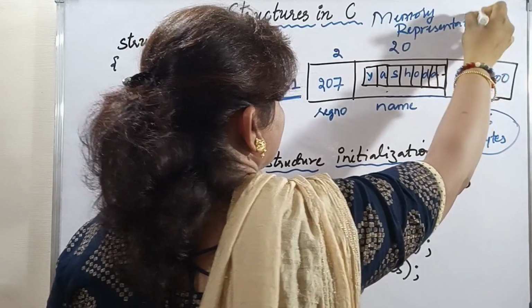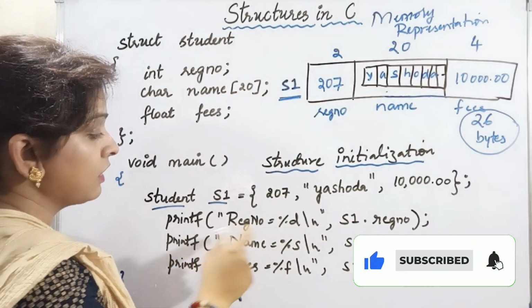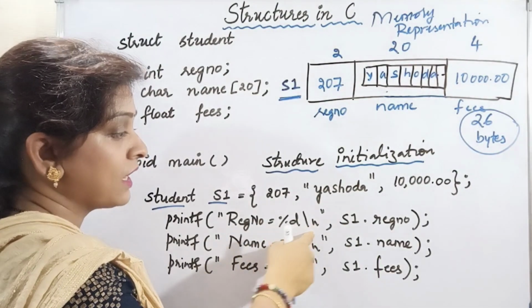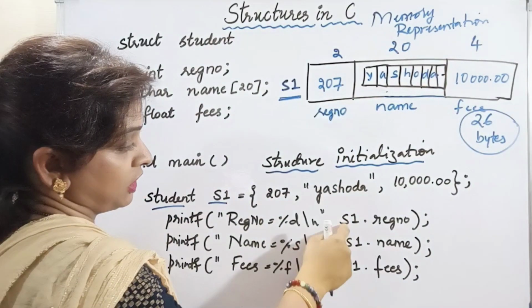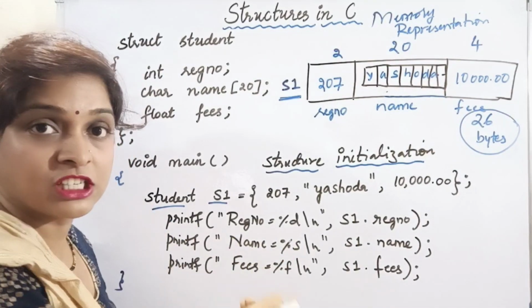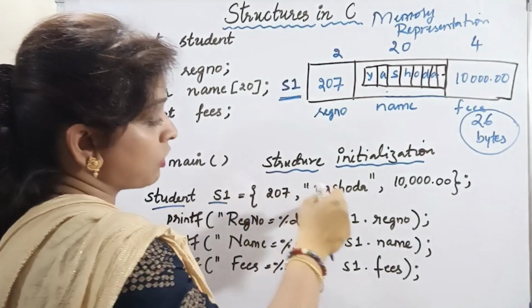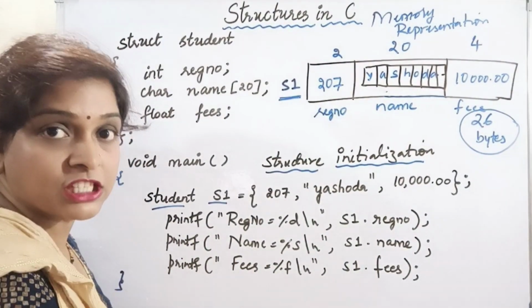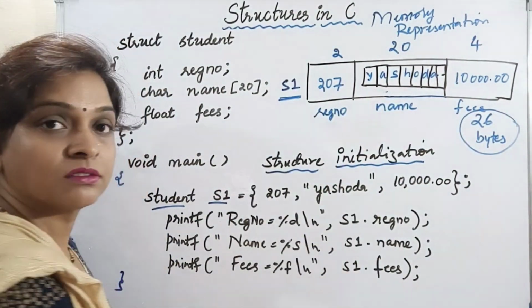So now how to access this? Dot operator. I say message printf register number equal to %d, new line, s1 dot register number. Name equal to %s, you can use this format specifier, and again s1 dot name. Then I say fees equal to %f if it is of float type, so I need to say s1 dot fees.